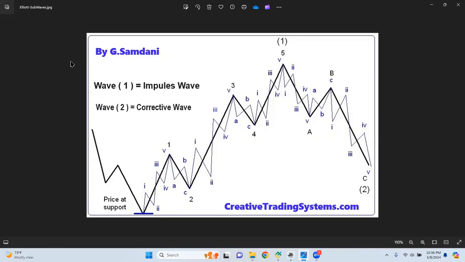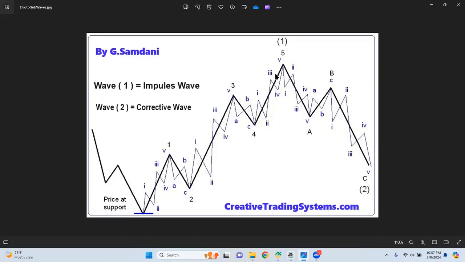In the previous video, we understood the basic phenomena: 1, 2, 3, 4, 5, then the ABC correction, right? So we're going to cover how this 1, 2, 3, 4, 5 unfolds. This could be wave 1, wave 3, or wave 5, because this wave 1 has 5 subwaves, wave 3 also has 5 subwaves, and wave 5 also has 5 waves.